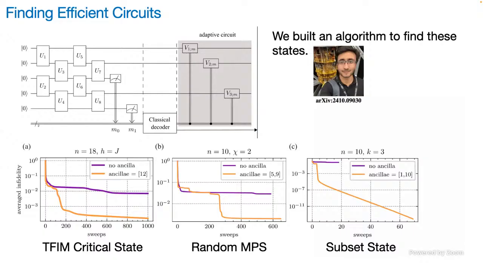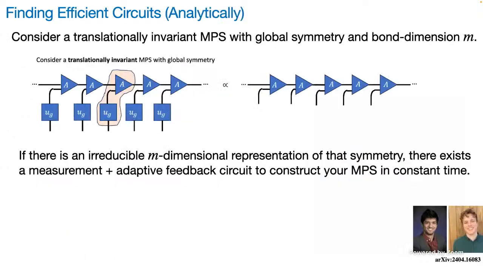Okay, so that's all well and good. What that tells us is we have an algorithm, and in very generic cases, the measurement plus adaptive feedback helps you. But the problem with an algorithm is sometimes it's hard to understand what it's doing, right? It's just doing some fancy optimization. The advantage is that it tells you it works, in a generic sense. But it would be nice to sit back and have some analytic understanding of what's going on.